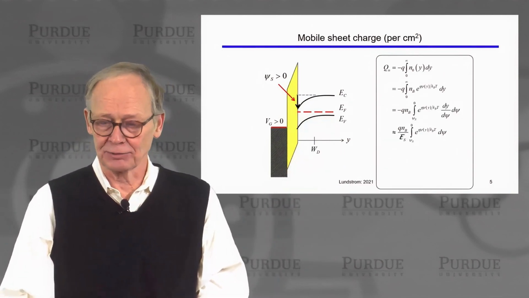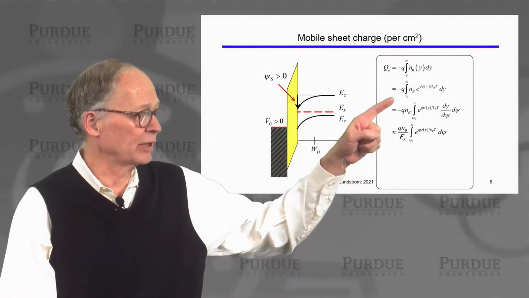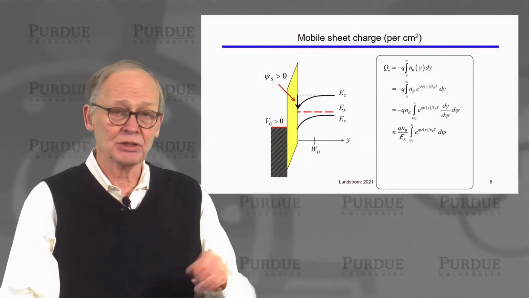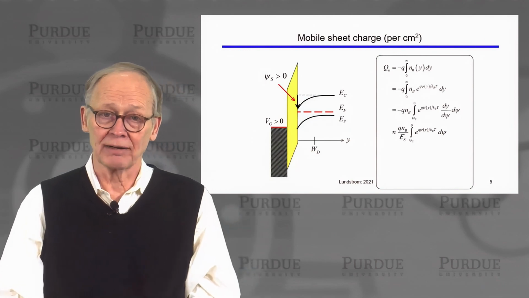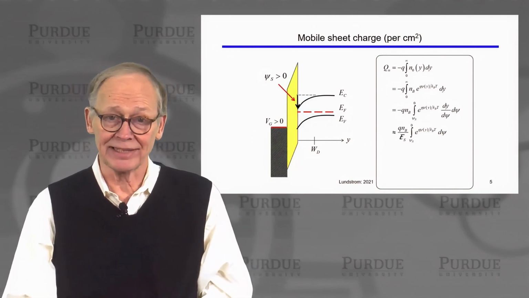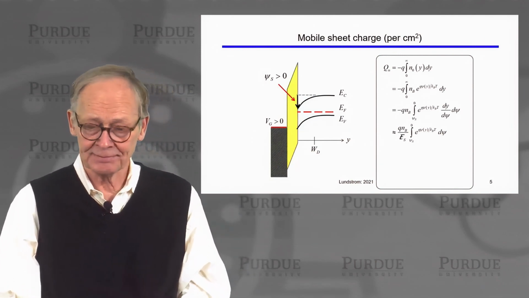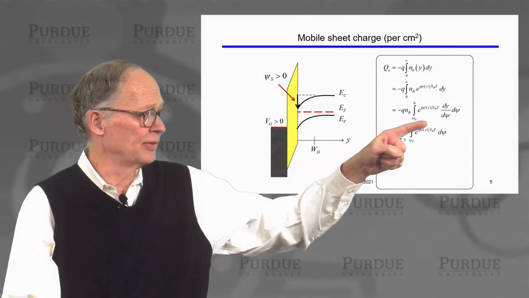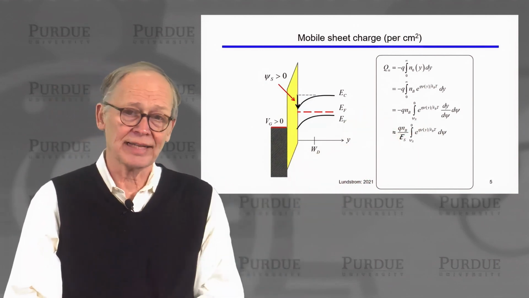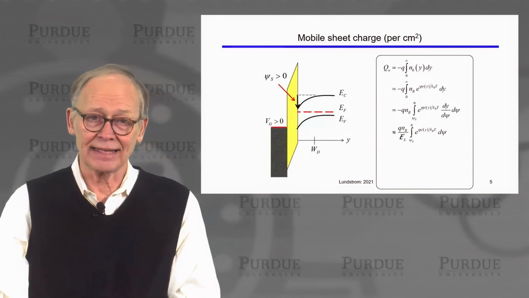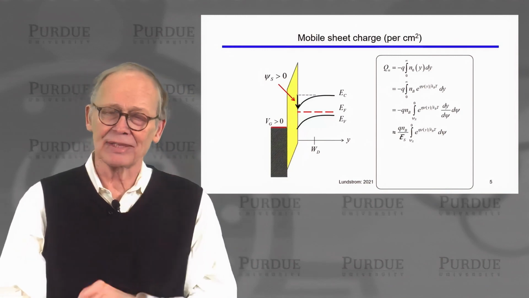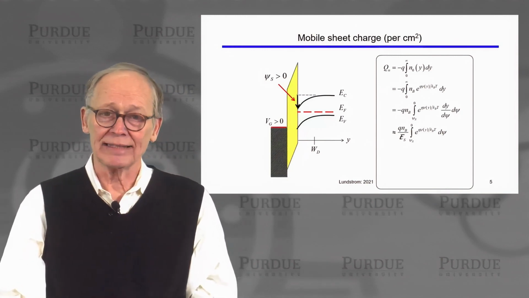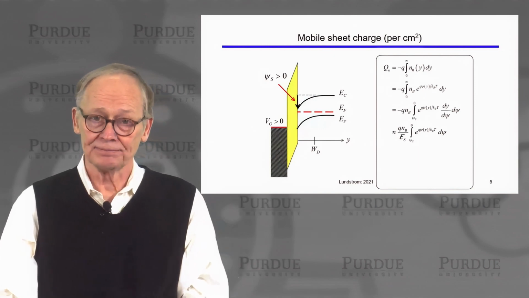Well, let's do that integral. We simply have to work out this integral. We could do a change of variables so that our variable of integration is the potential instead of distance. Doing that change of variables, we introduce a dy d psi, and then we remember that minus d psi dy is the electric field.